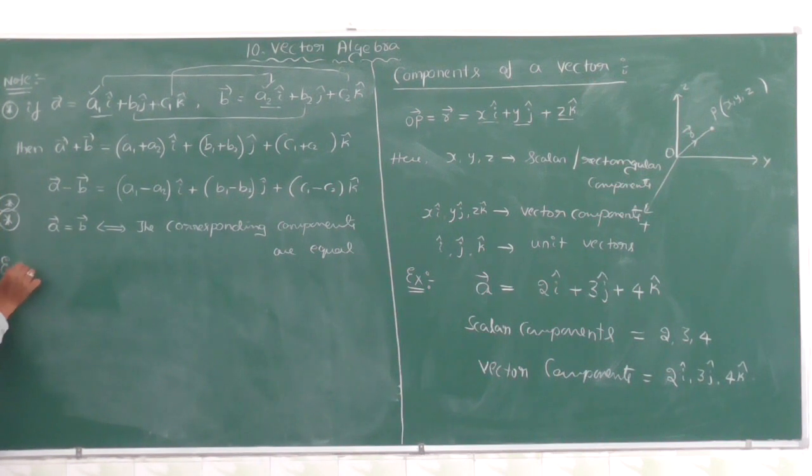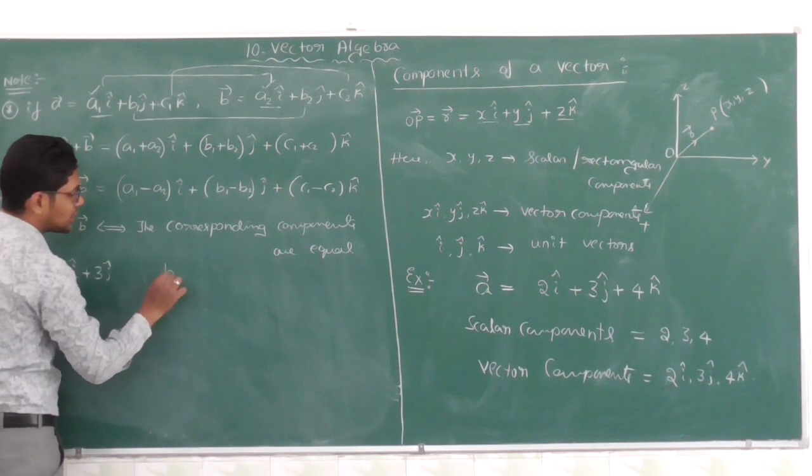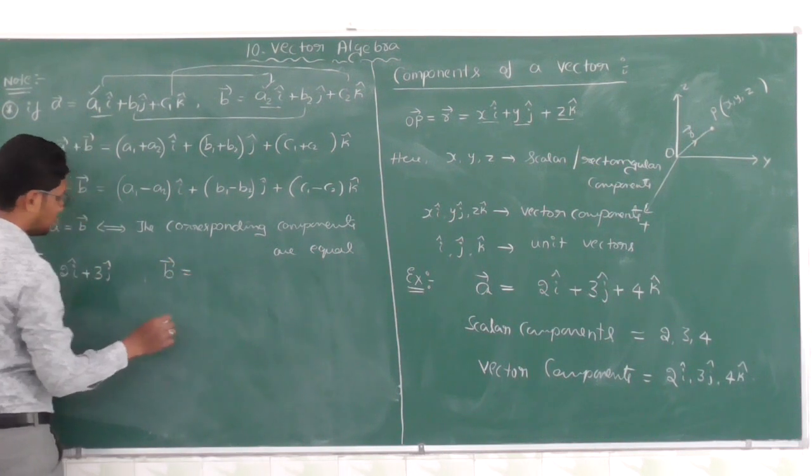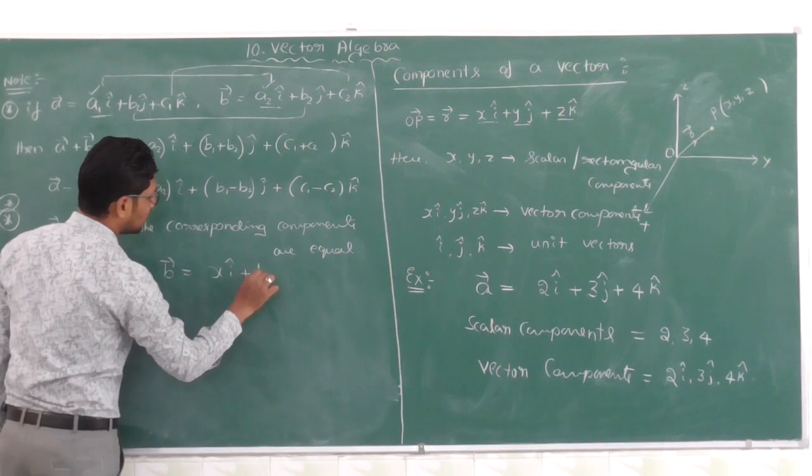For example, we have the vector A equals to 2i plus 3j. Next, one more vector B equals to xi plus yj.